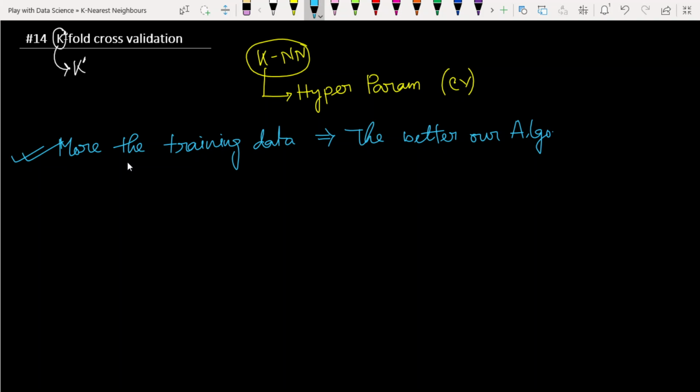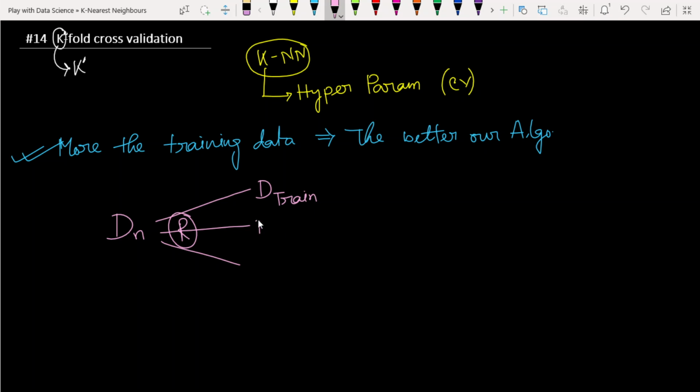But see what we are doing in cross validation. We have a data set called Dn, and we randomly partition the data set into three parts. One part is called the training data, Dtrain.